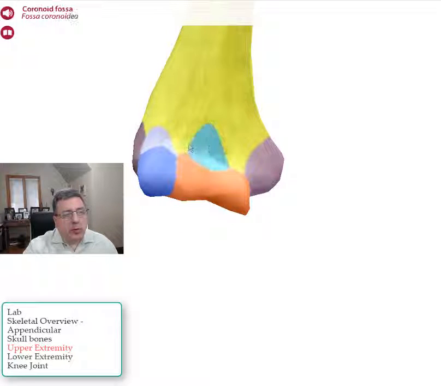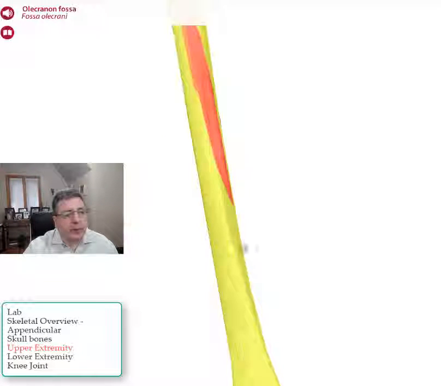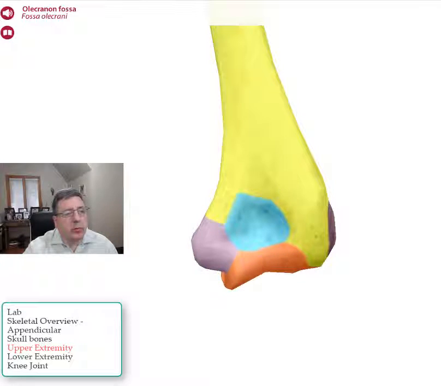The shallow depression is on the anterior side, and that's called the coronoid fossa, okay? Posteriorly, that deeper depression is called the olecranon fossa, and the olecranon fossa receives the olecranon of the ulna.